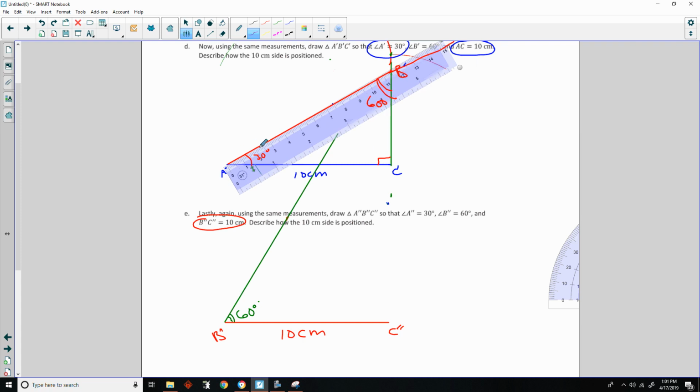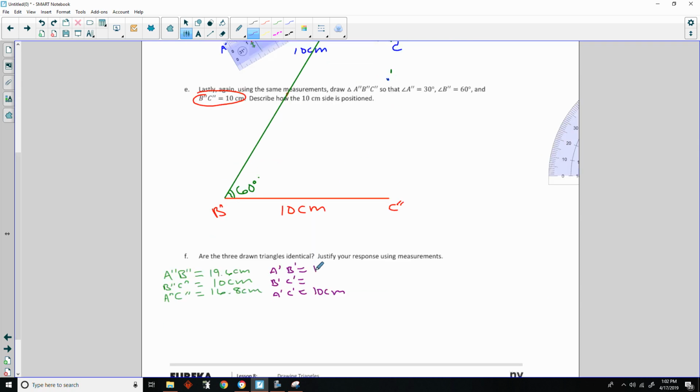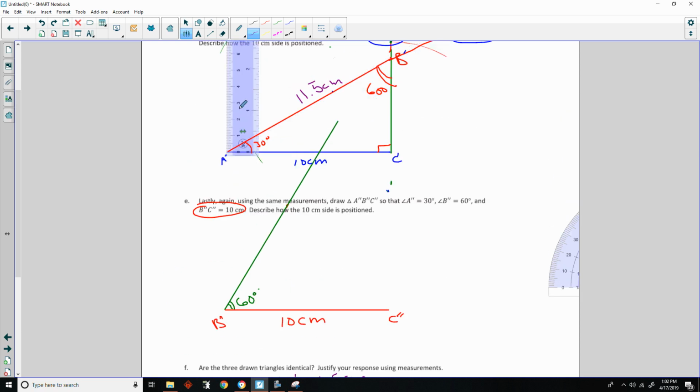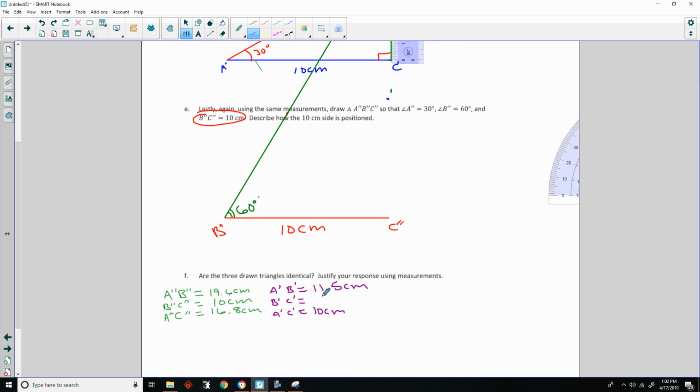All right, so A prime, B prime is 11.5 centimeters. So A prime, B prime is 11.5. Okay, and then finally, rotate this up and move it over here and do a quick measurement, and that looks like 56, roughly 56 or 5.6 centimeters.